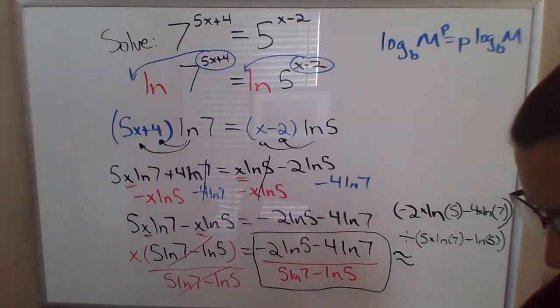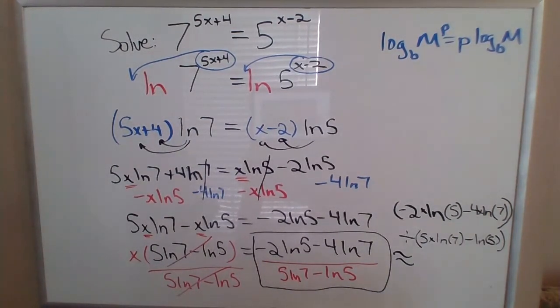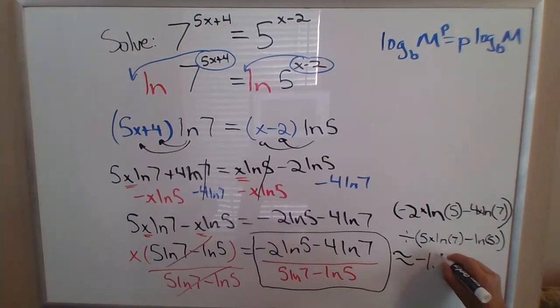Okay, and what you should get is approximately -1.35. Let's go 3 decimal places, so -1.355.